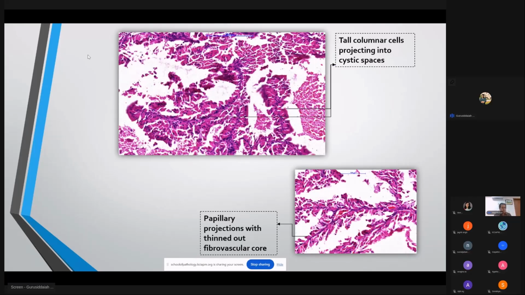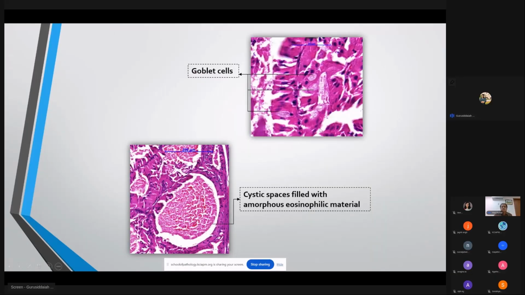There are tall columnar cells projecting into cystic spaces, seen at higher magnification. There are papillary projections with thinned out fibrovascular cores. Then there are a few goblet cells seen within the slides, and cystic spaces filled with amorphous eosinophilic material.